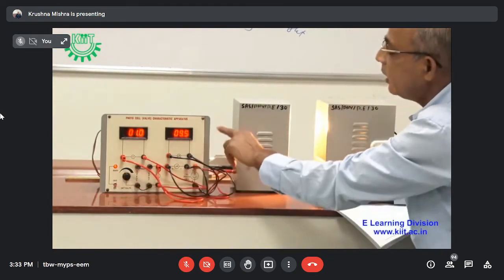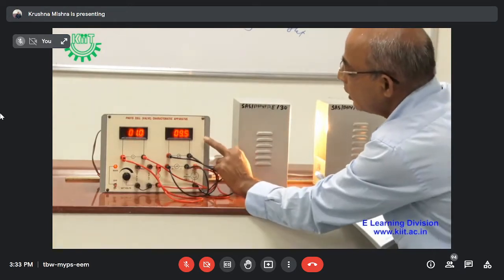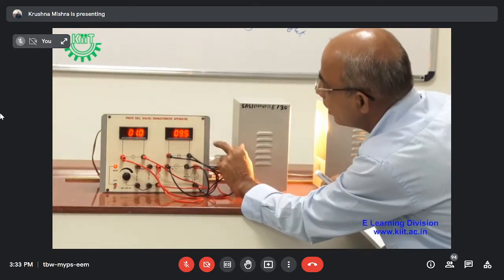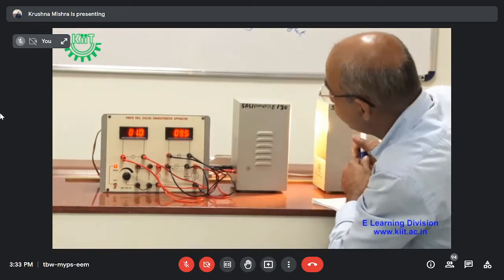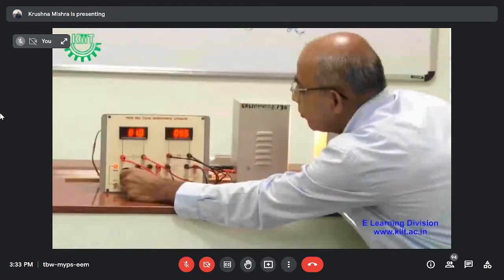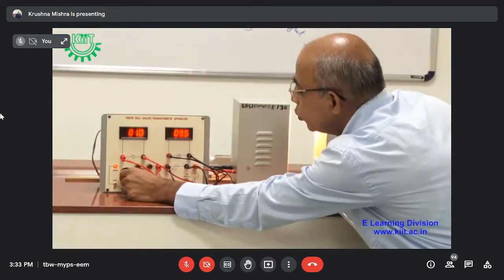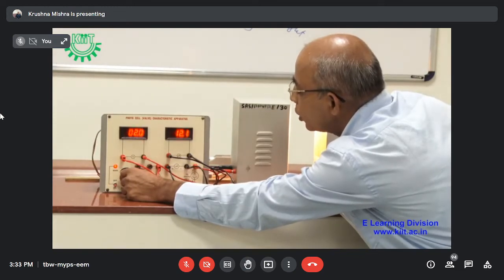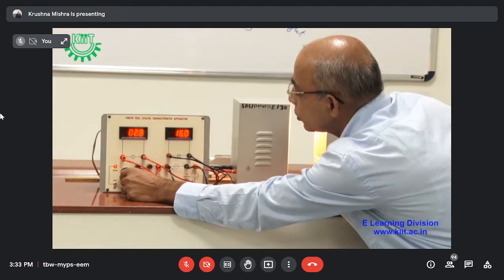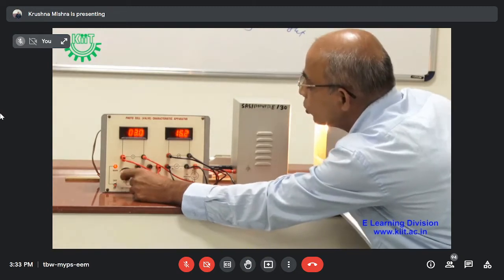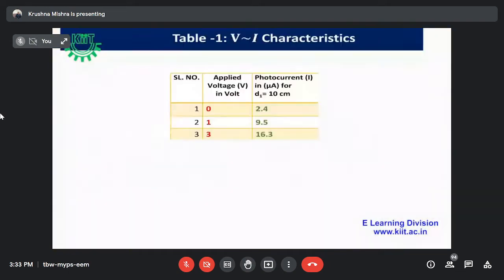So we can see the current is increasing. This is 9.5. Suppose I keep a gap of 2 volt, so I will go to 3 volt. So this is 3 volt. We can see the current is 16.3.